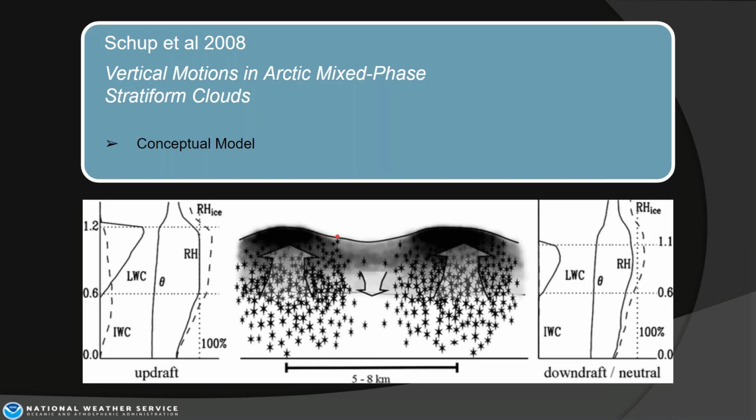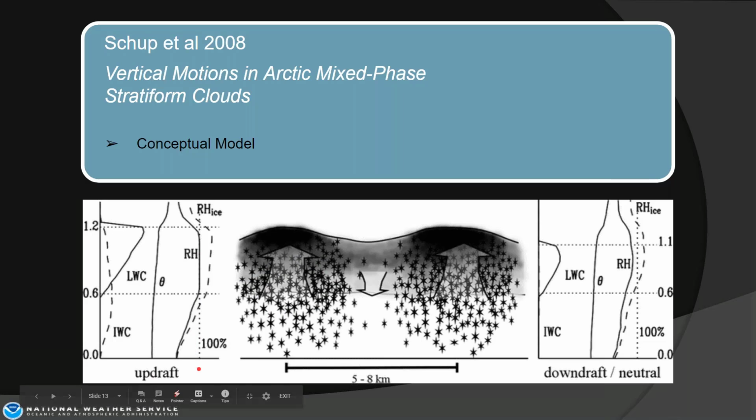So if you were the satellite looking down on this event, or this conceptual model, you're going to have a liquid water layer really across the whole top portion of the cloud in these Arctic mixed-phase cloud situations. And vertical motion will vary within that cloud. And you can see his representation of the ice saturation and ice growth process taking place in the vertical motion max a little bit below the cloud top.